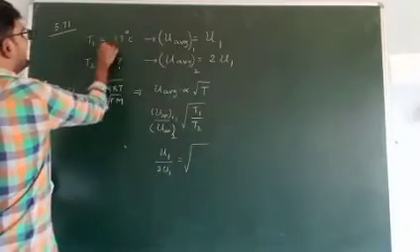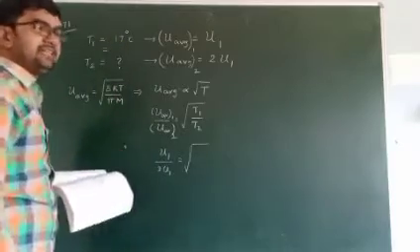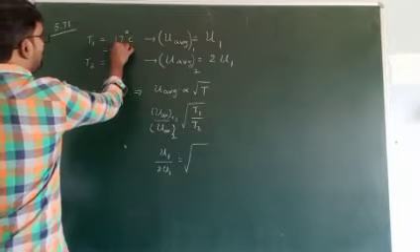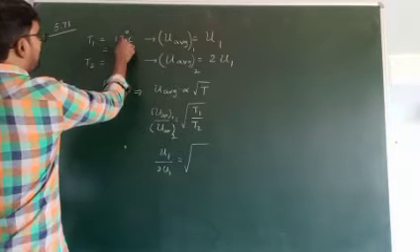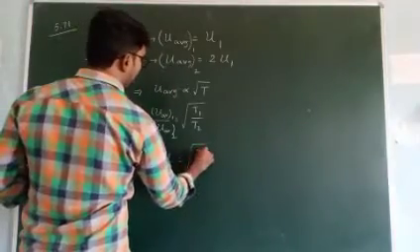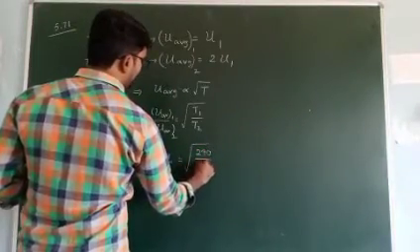T1 value is 17 degrees, which means 17 plus 273 because we converted into Kelvin, so 290 Kelvin. Substitute here 290 by T.